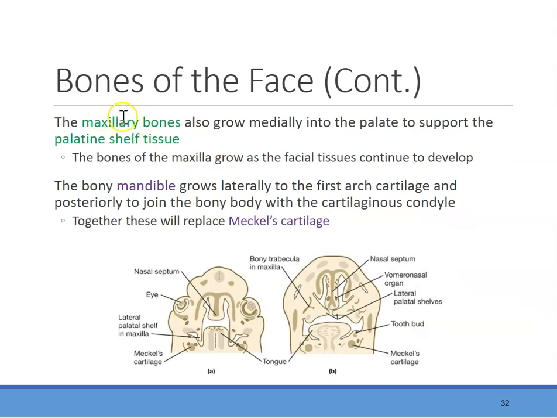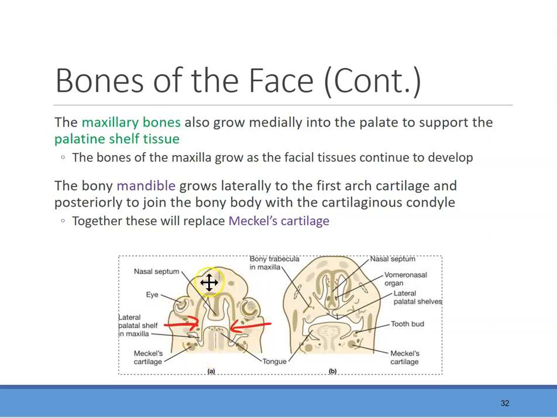The maxillary bone. When we think of maxillary, I want you to think of the upper jaw. Mandibular is for lower jaw, maxillary is for the upper jaw. What happens with the maxillary bone is that it grows medially. So medially means it grows to the center. All right, let's draw this out. Let's just look at this.